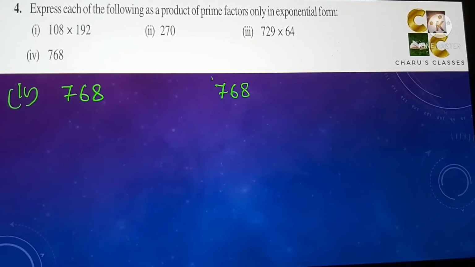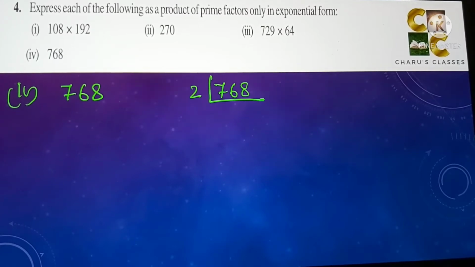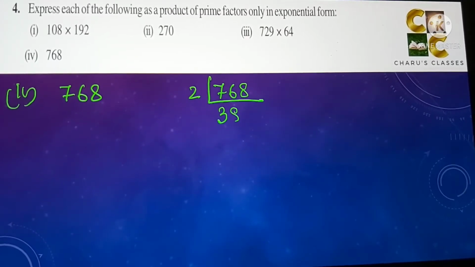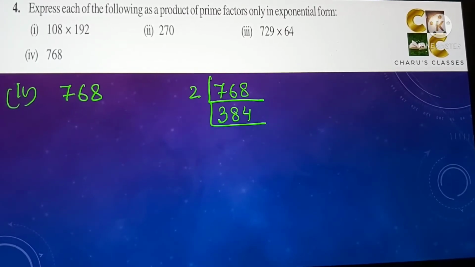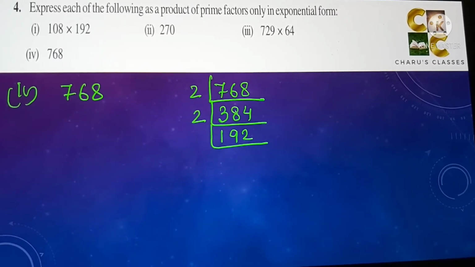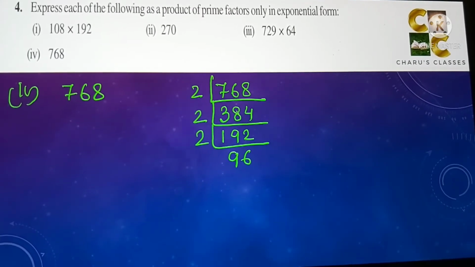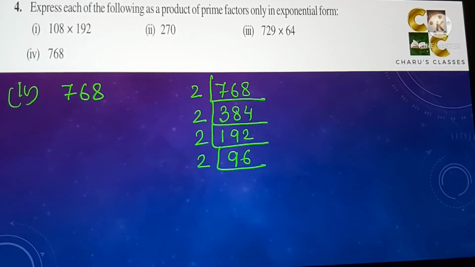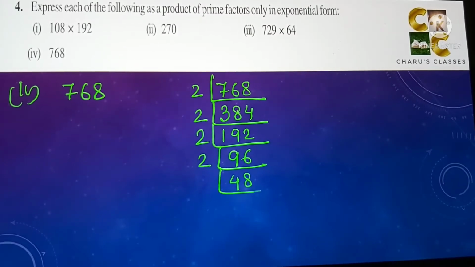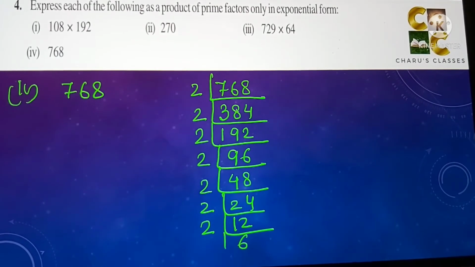Fourth part, 768. So we'll begin with 2, 384, 192, 96, 48, 24.